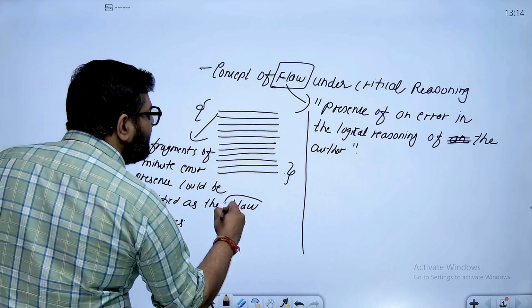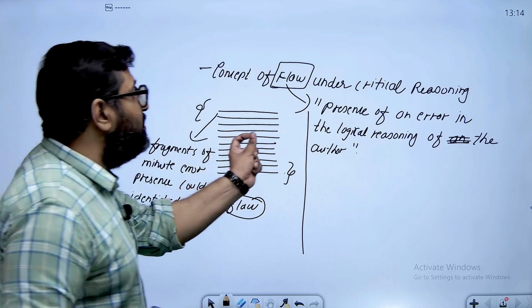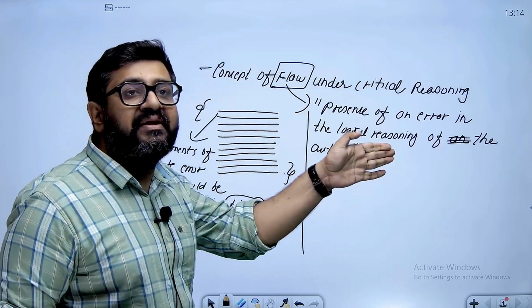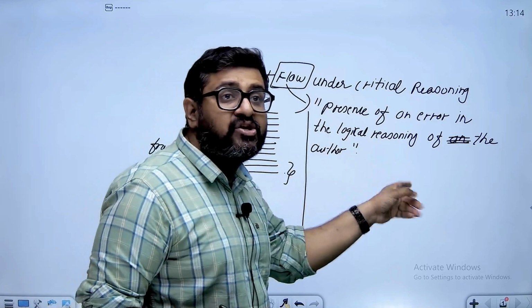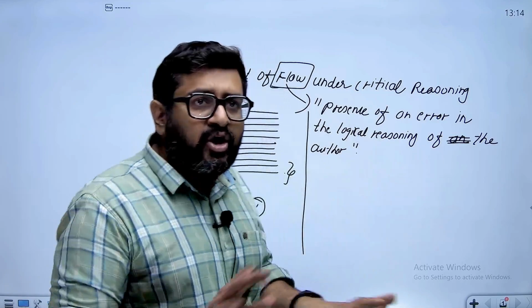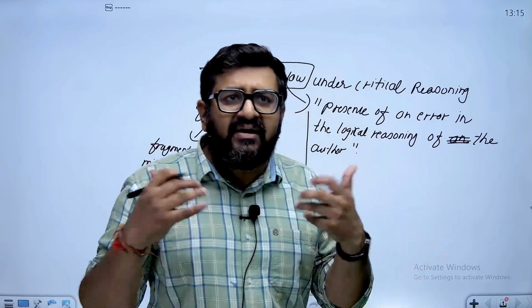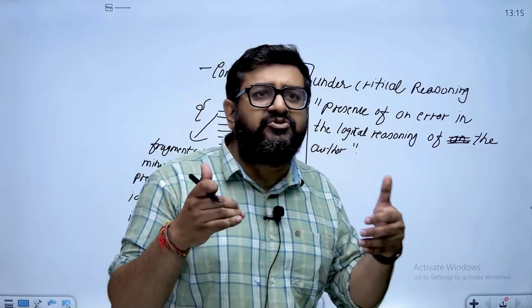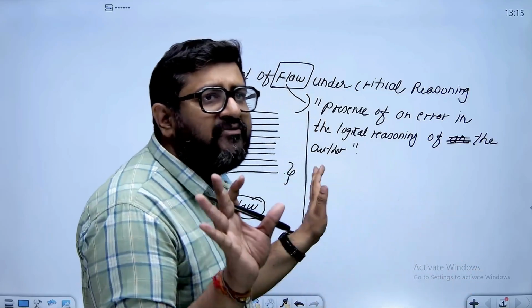So this flaw basically refers to those minute errors in the logical reasoning of the author, not yours. Your error, or the error committed in the course of your general perception of the passage, is not to be factored in.